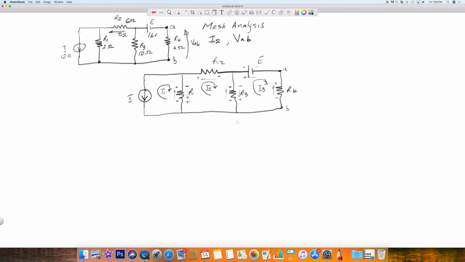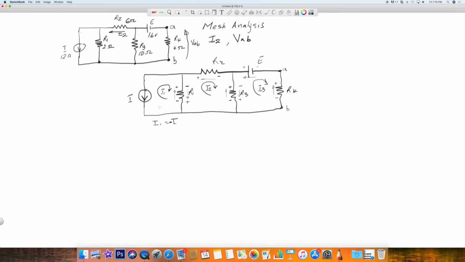Fantastic. Now let's go ahead and talk about I1's loop. Well, that one means I1 equals I. No questions whatsoever. If you have a loop going this way, you have a current generator going this way. Actually, because they're in the opposite direction, I would clearly state it's minus I. Okay?